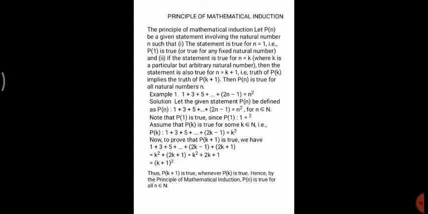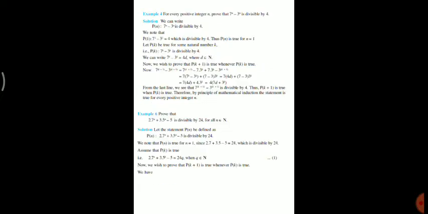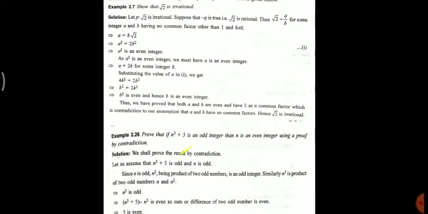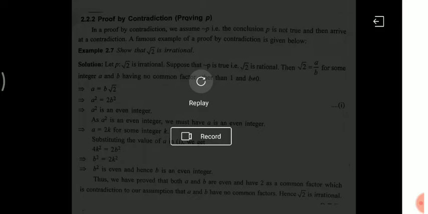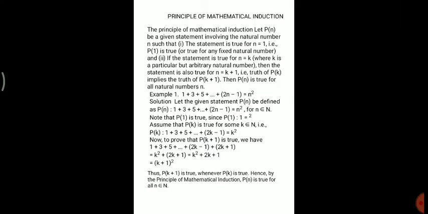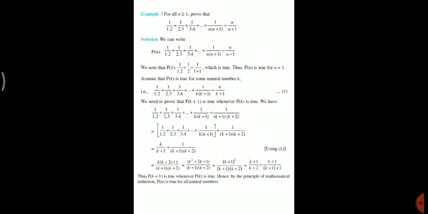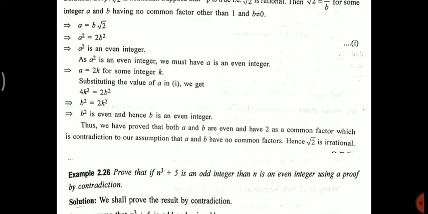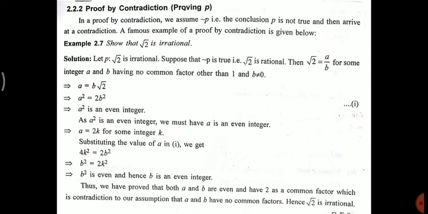In this method, proof by contradiction, if we want p to be proved true, we assume that negation of p is true, that is, the conclusion p is not true.